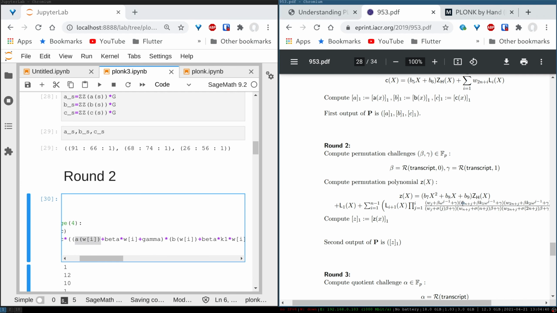This value here, Wn plus j, is B evaluated at Wi, and this value here, W2n plus j, is C evaluated at Wi.